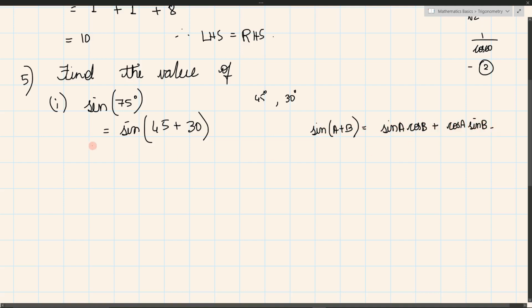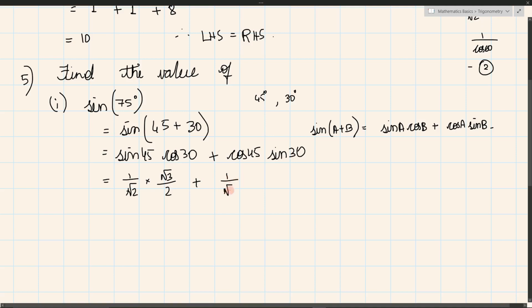So we can write this as sin 45 into cos 30 plus cos 45 into sin 30. So this is nothing but 1 by root 2 into cos 30, which is root 3 by 2, plus cos 45 is 1 by root 2 into sin 30 is 1 by 2.